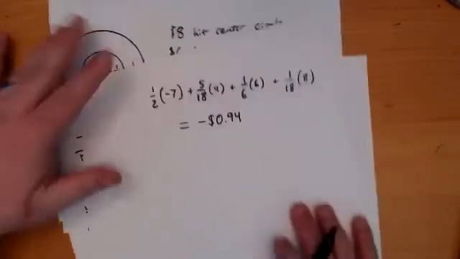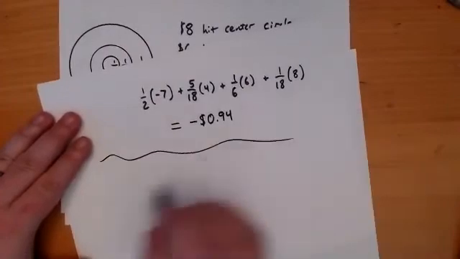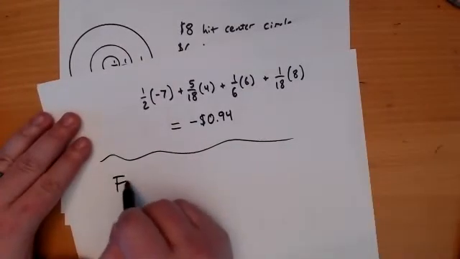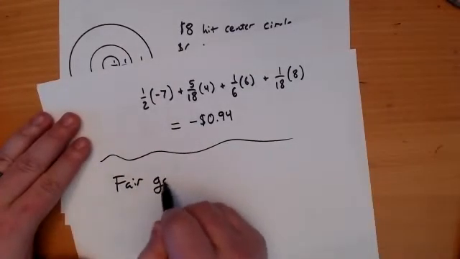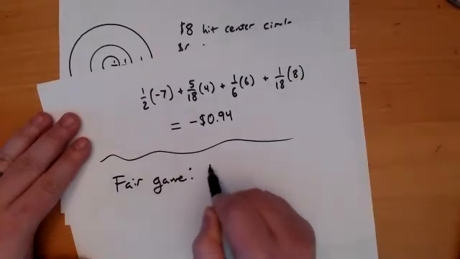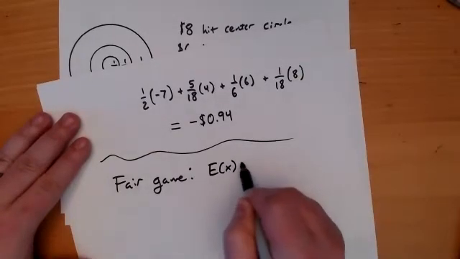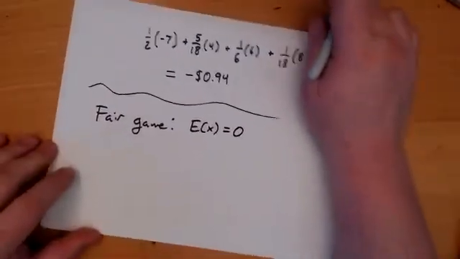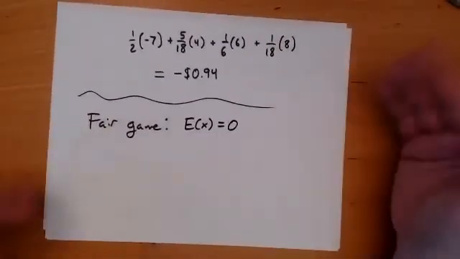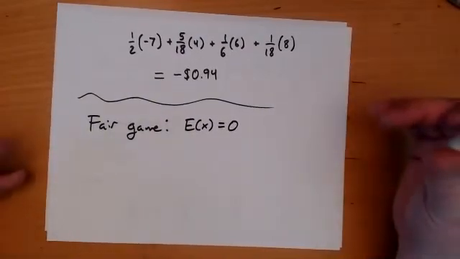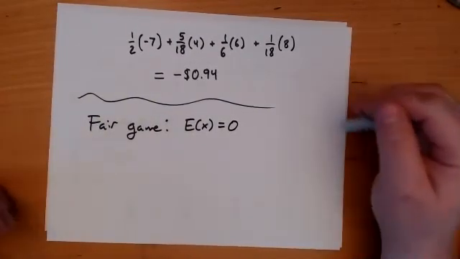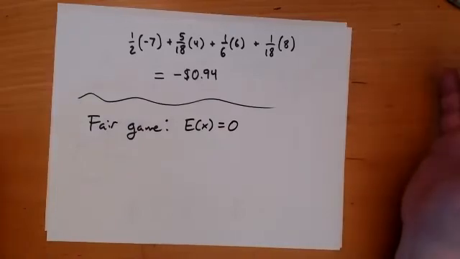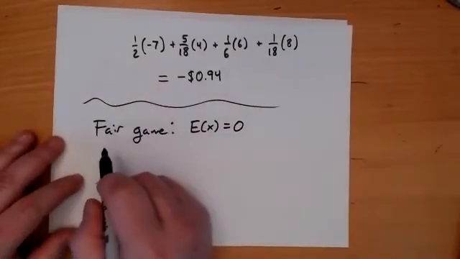So let's think about it this way. A fair game is one where the expectation value is 0, where you have equal chances of winning or losing. And if you play over and over and over again, and you do it for 100 years, you will basically break even. Okay.